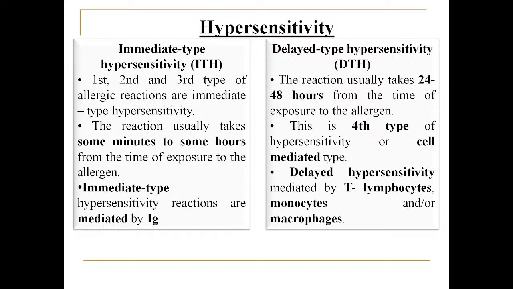Delayed type of hypersensitivity is called delayed because the reaction usually takes more time, from 24 up to 48 hours and even more from the time of exposure to the allergen. This is the fourth type of hypersensitivity, the so-called cell-mediated type.